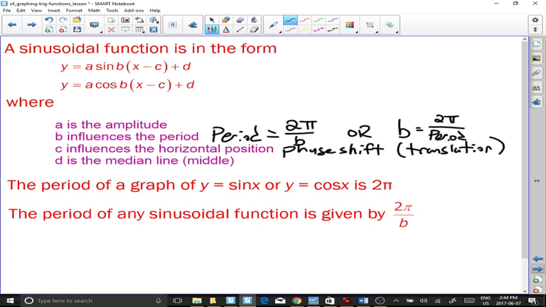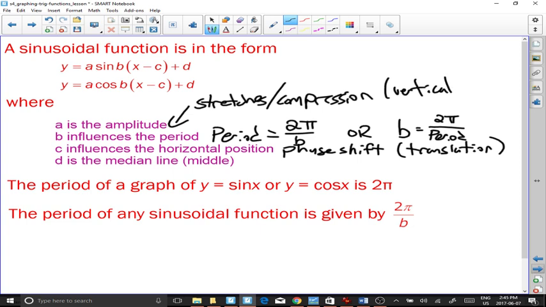And A does talk about the amplitude, but it also talks about stretching and compression. More notably, it talks about vertical stretching and compression. Whereas B, which has a lot to do with what the period is, is horizontal stretches or compressions of the graph.